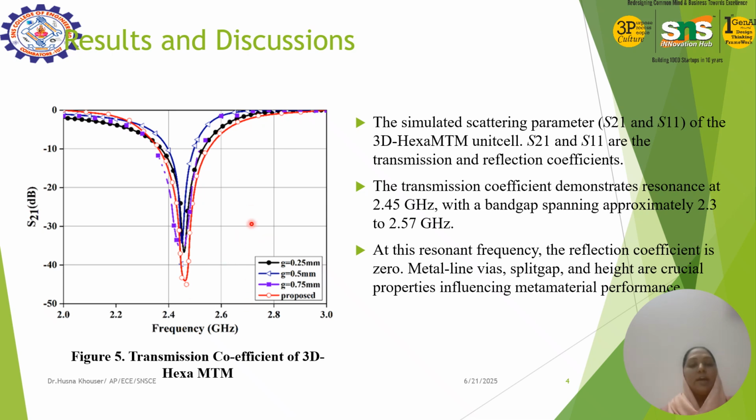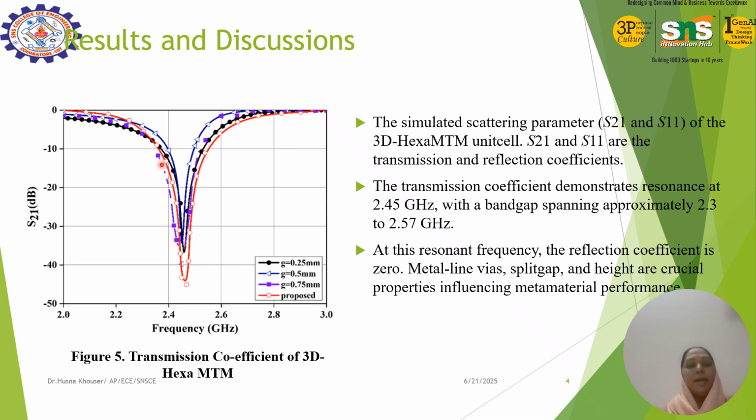This graph shows S21, the transmission coefficient, and it clearly indicates that it resonates at this point. At this point, S11 falls to 0, which I have not shown here, indicating perfect impedance matching.